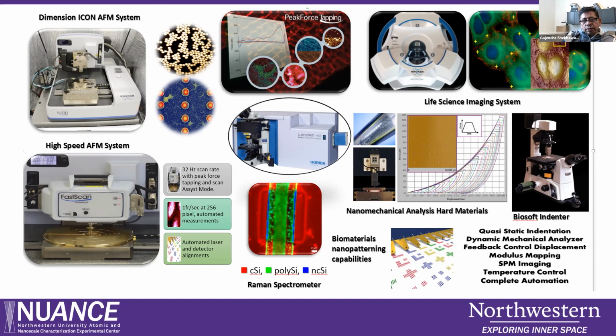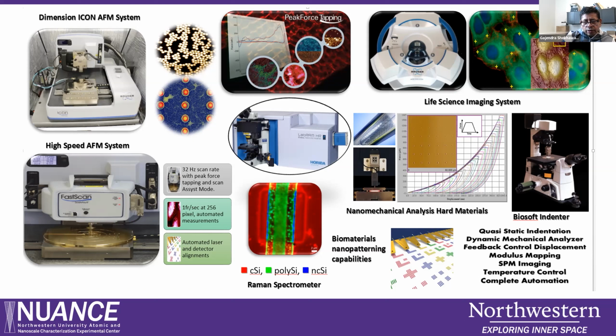In the middle section, I will describe the Raman a little bit in more detail. We also have a life science imaging system integrated with fluorescence microscopy, so you can measure nanomechanical properties of cells, tissues, and so on. We also have a conventional indenter system where you can do nanomechanical analysis of hardness and modulus.